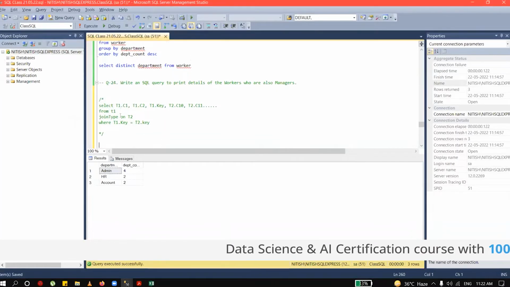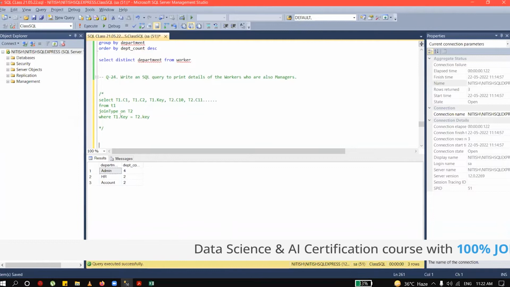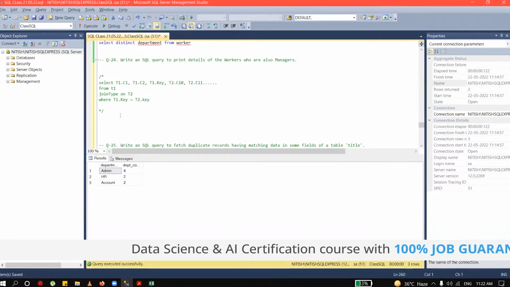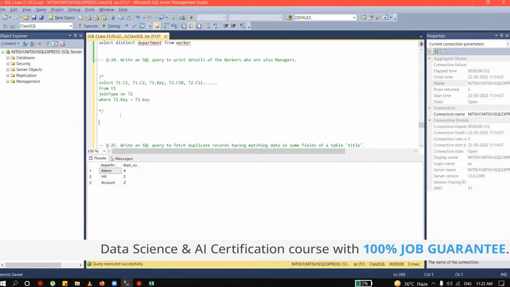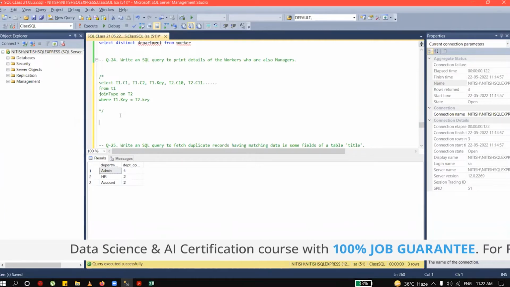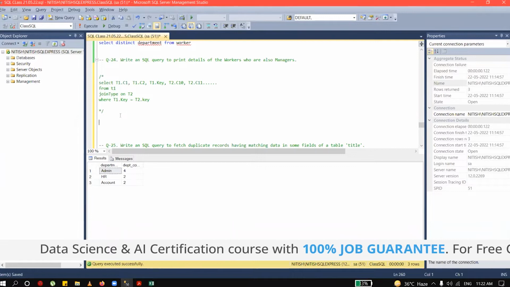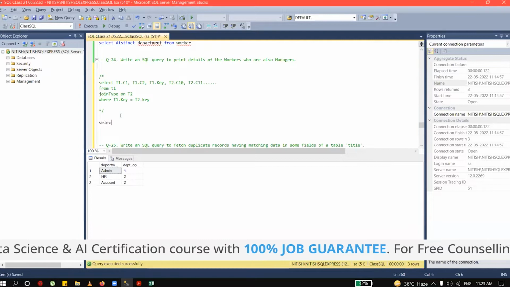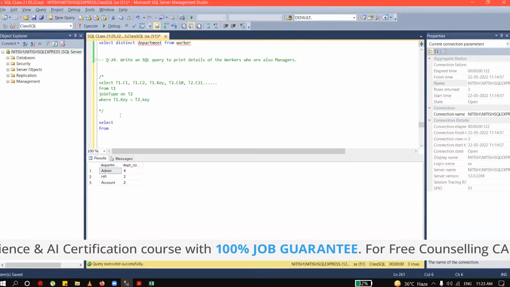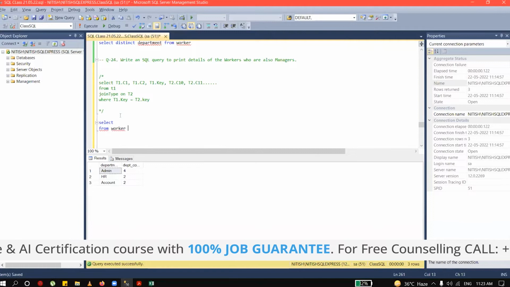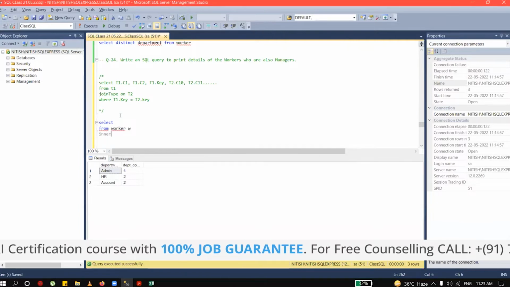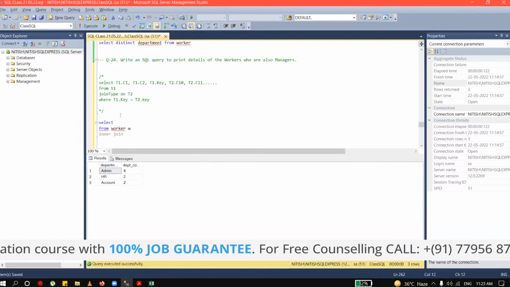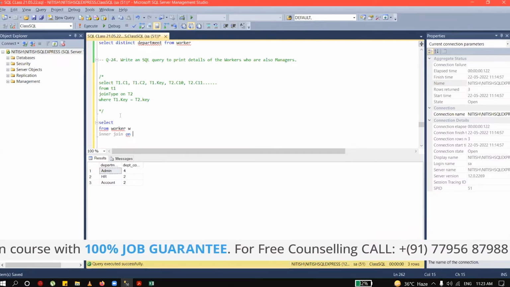Coming back to the question, to print the details of workers who are also managers. First we are going to use the inner join. Select from my worker. I'm going to alias worker as W, and inner join, that is the join type is inner, join on my title.